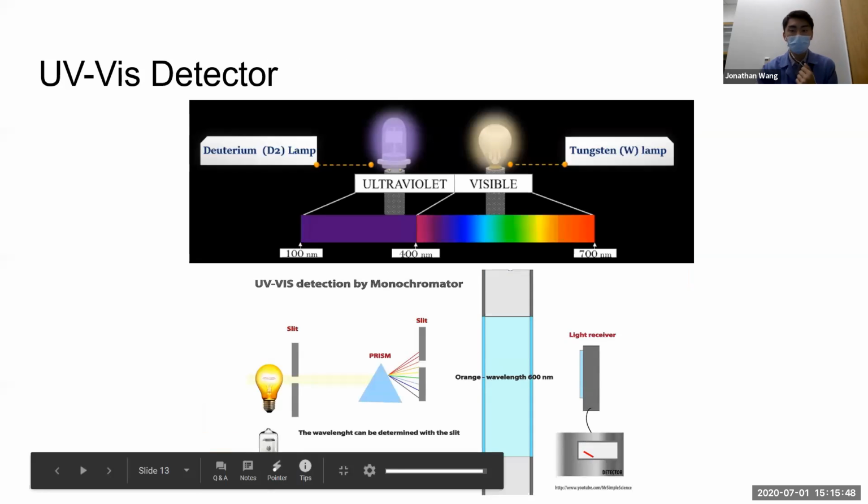And moving on to the next box, we have our UV-Vis detector, or basically the light detector, looking at the optical properties of the fluid going through. So we don't just look at the color in the visible spectrum for our machines. We also look at some shorter wavelength light, like as low as 100 nanometers. This is still the same thing as color.